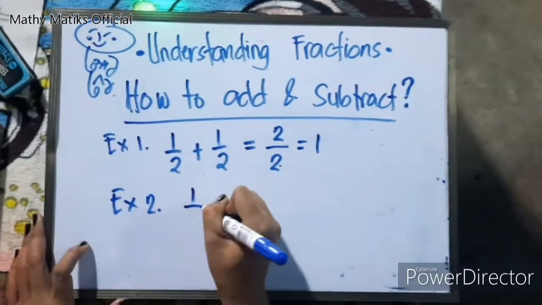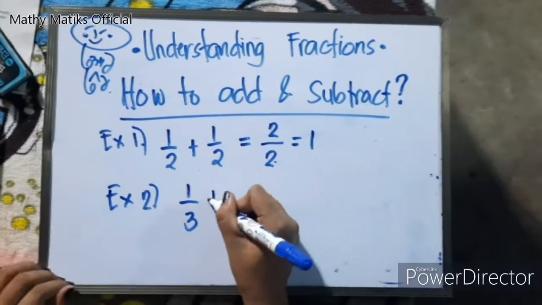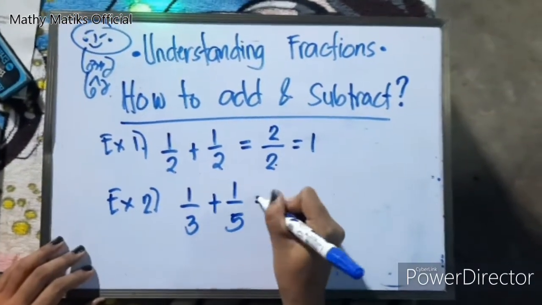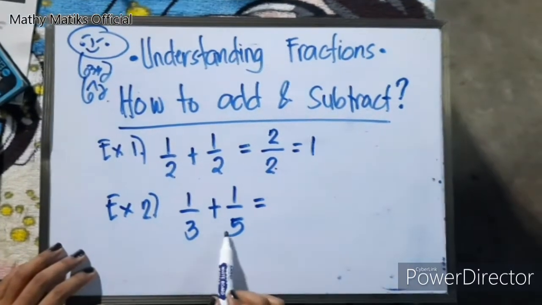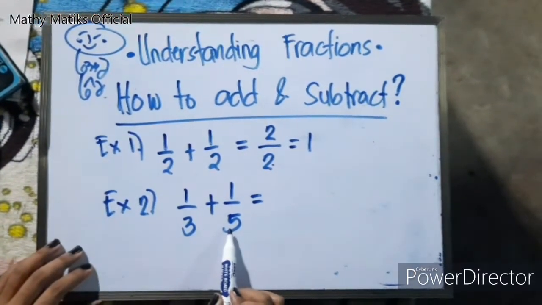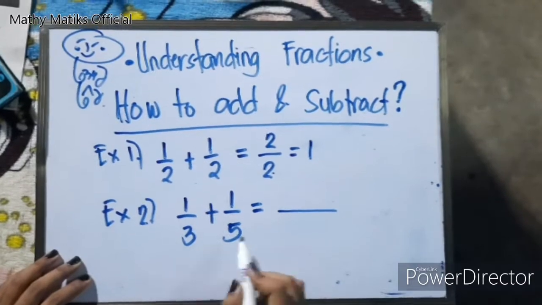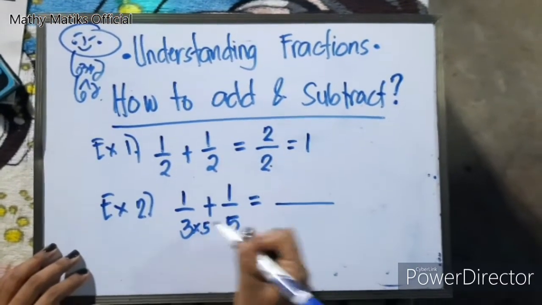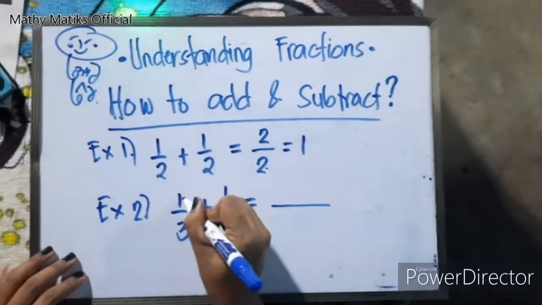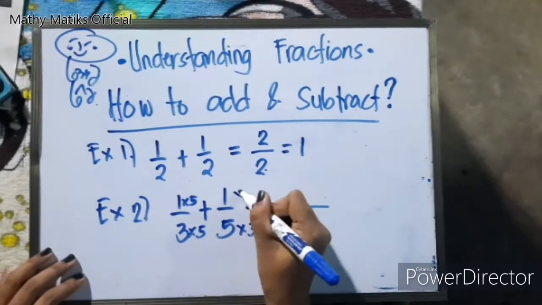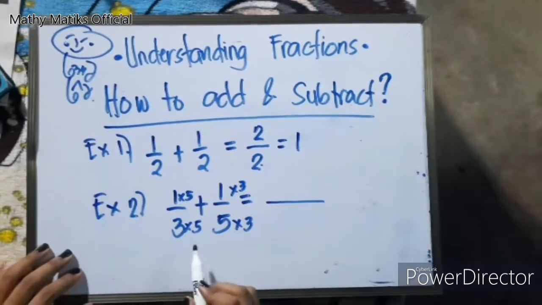Example number 2, we have 1/3 plus 1/5. Okay, our denominators are different numbers. So we're going to multiply this by 5 and here by 3 so that they will have the same denominator.